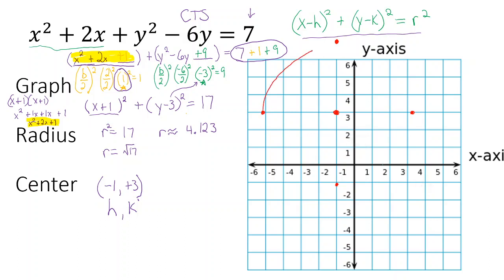I'm going to kind of estimate 1/10 past 4. And then I'm just going to sketch my circle as best I can. And I have a circle of that equation.